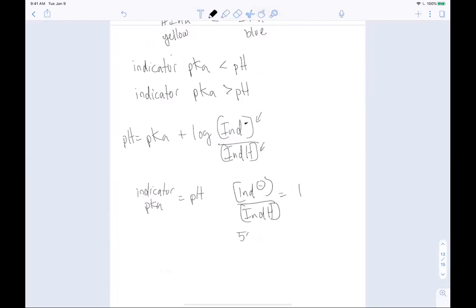So 50% of the indicator is dissociated in this situation.